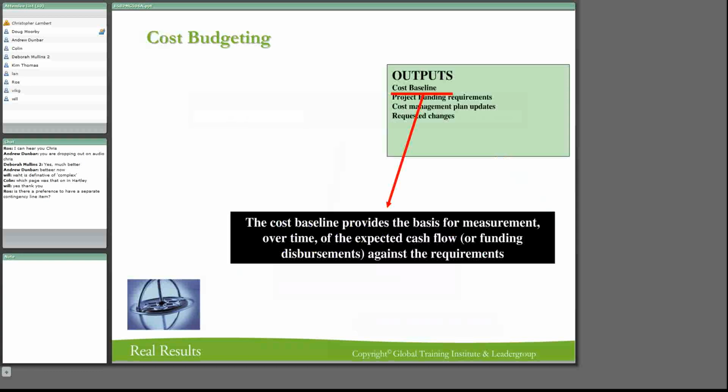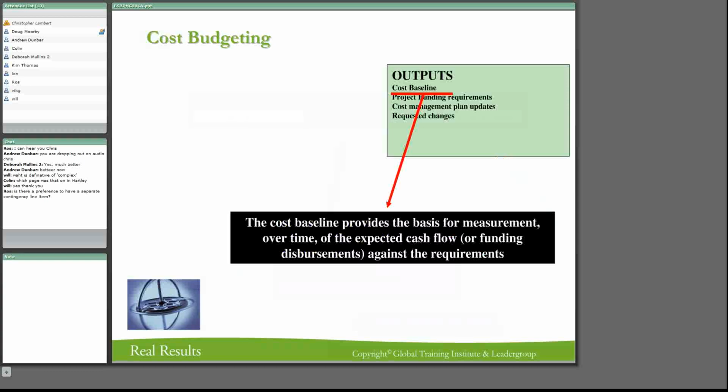And this is going to give you your expected cash flow, right? Or funding disbursements. But this is often very, very critical for the chief financial officer, because he's going to have to make those funds available as you need it. So if you don't get this right, you're going to have a cash flow problem.